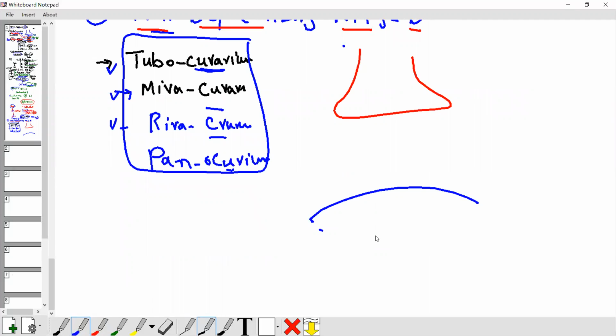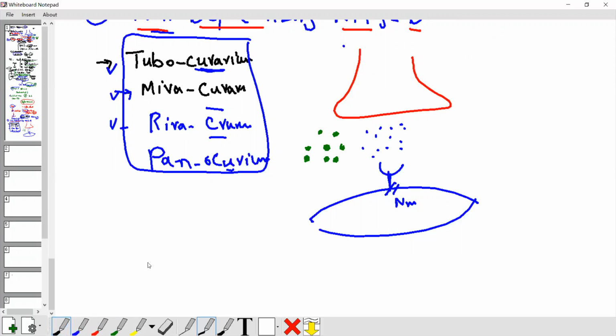In the synapse is a receptor, the NM receptor, with a sodium gate. So now, how is the Curare drug working? Here we have acetylcholine, okay? Now there's a competition between acetylcholine and Curare. This Curare comes here, attaches here, and blocks this receptor. Understand?